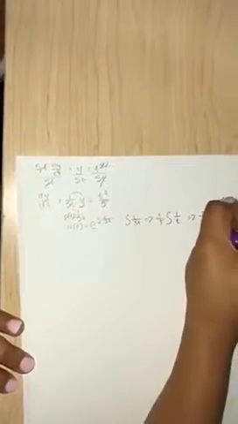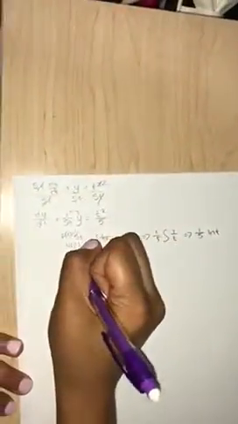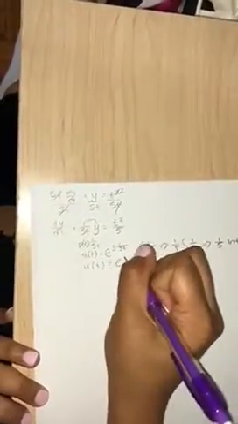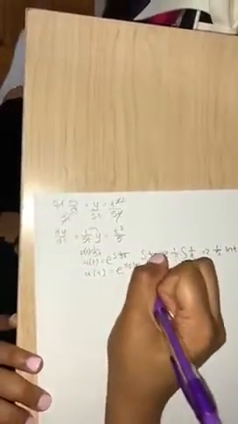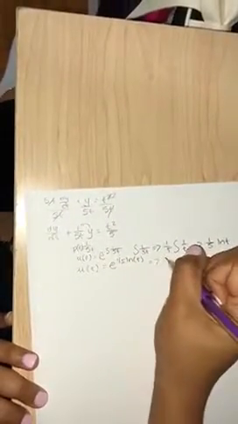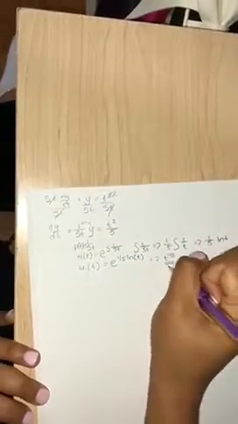So we're left with 1 over 5 ln of t. Now we plug this back into our mu of t. So e to the 1 over 5 ln of t can just be written as t to the 1 over 5. So this is our mu of t.